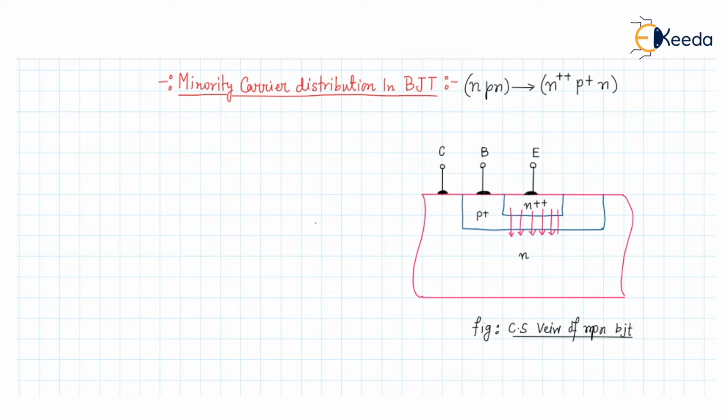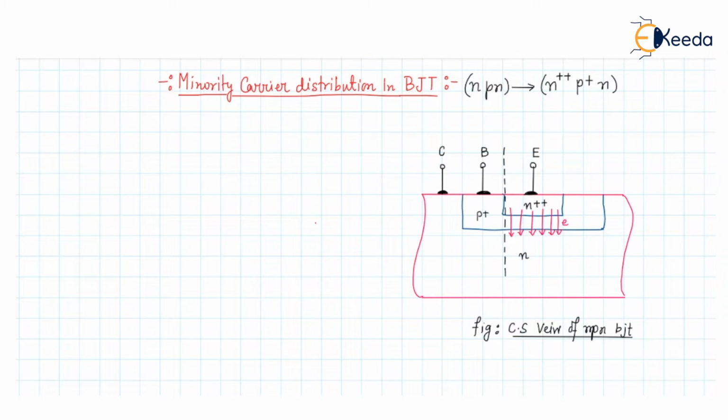So this is the flow of electrons coming from the emitter region to the collector. Now, for simplicity of the analysis, we will simplify this diagram and consider only this part of the cross section.